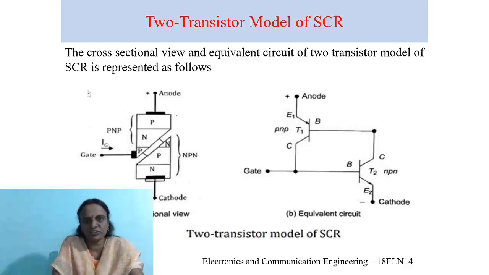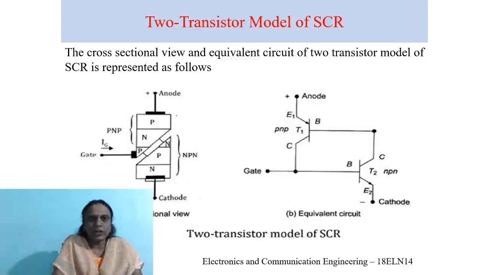two transistor model of an SCR is represented as follows. Now, the cross-sectional view representation is by splitting these four layers into a 3-layer structure like PNP and NPN sandwiched together or attached together, the resultant two circuit model can be obtained.